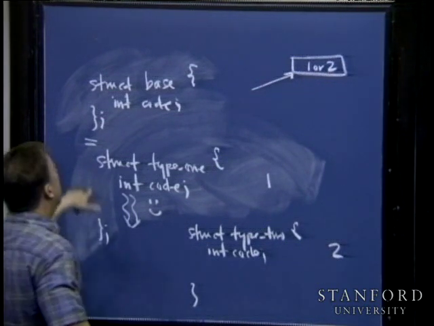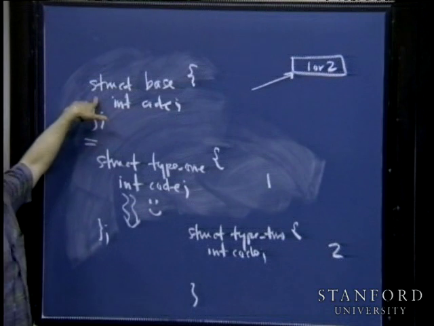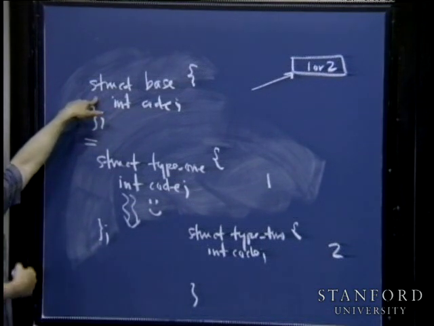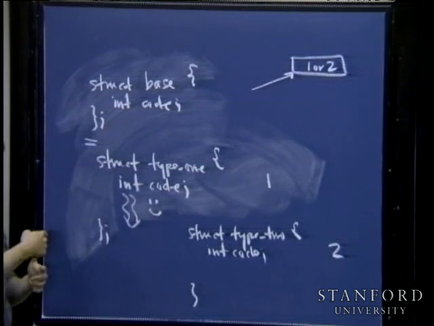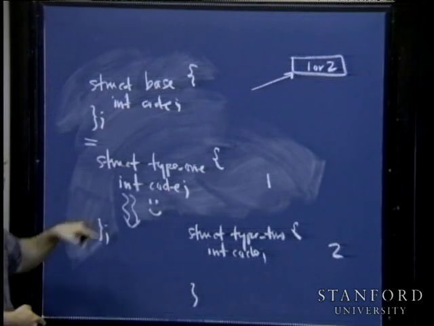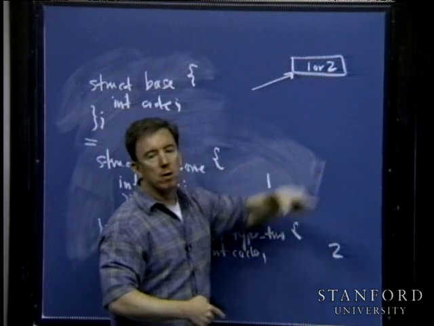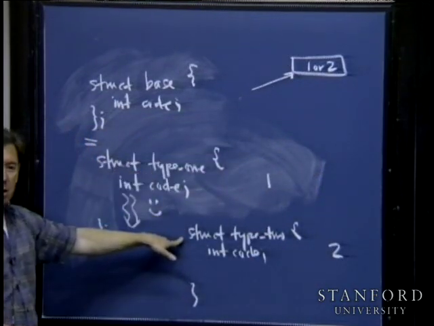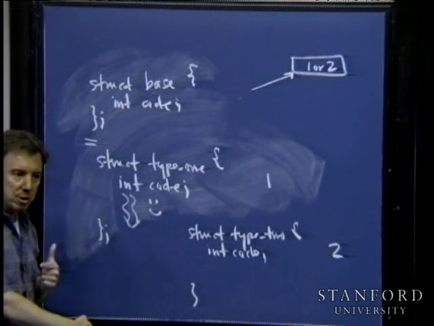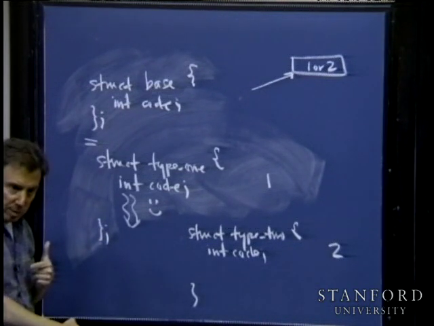You could cast that pointer to a struct base, knowing that there's some kind of opcode or type code sitting there. And then based on the result here, you could either cast this pointer to be a type 1 star or a type 2 star to figure out how the rest of the information is fleshed out. Does that make sense to people?